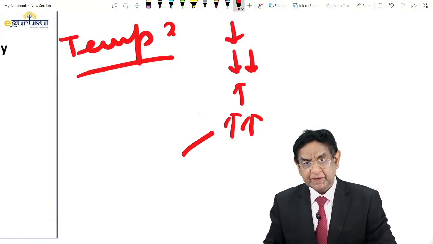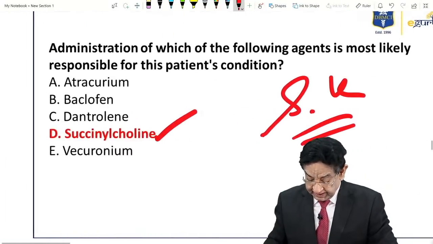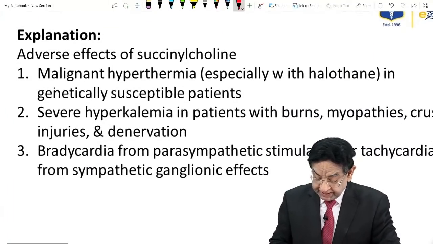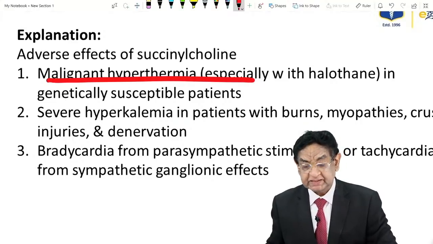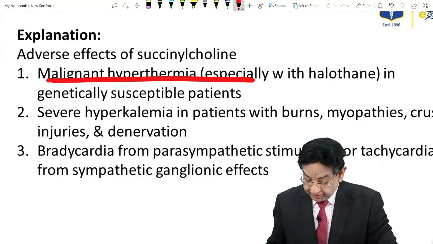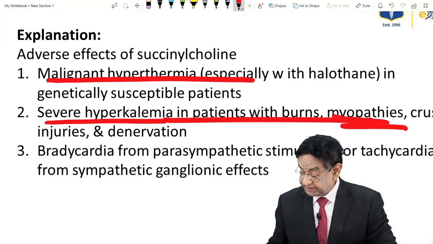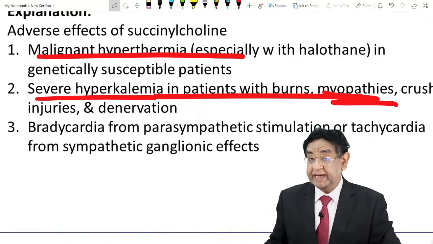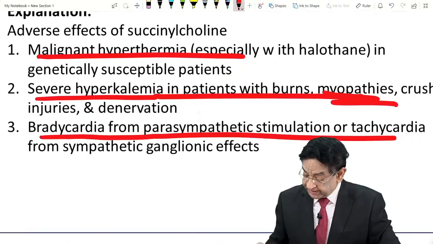One more complication they can have is malignant hyperthermia. Malignant hyperthermia is a problem that can be seen in patients who have been given succinylcholine, along with severe hyperkalemia, especially in burns patients or myopathies. Remember, our patient has quadriplegia, muscles are weak, and of course it can lead to bradycardia or tachycardia both.